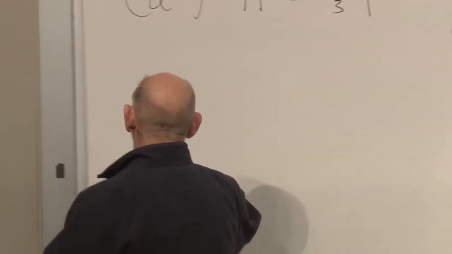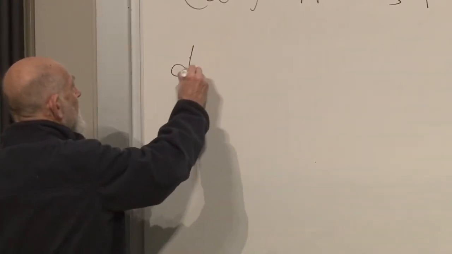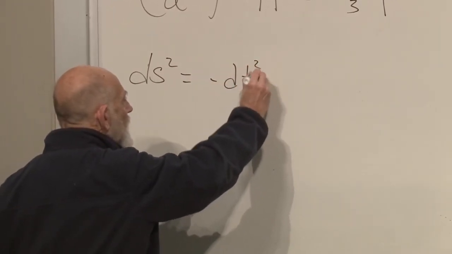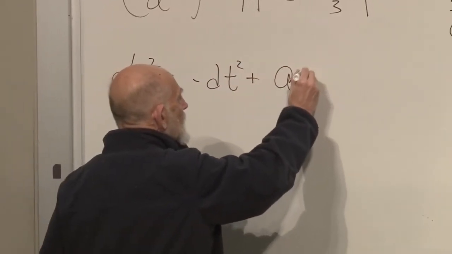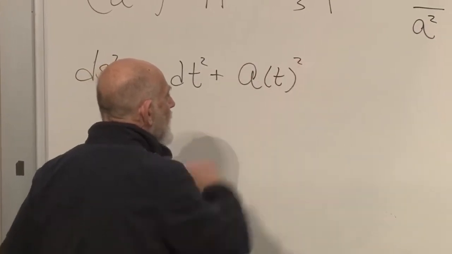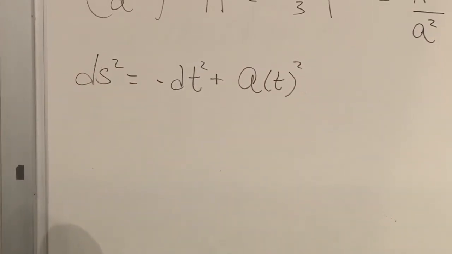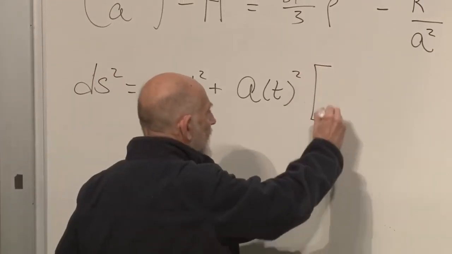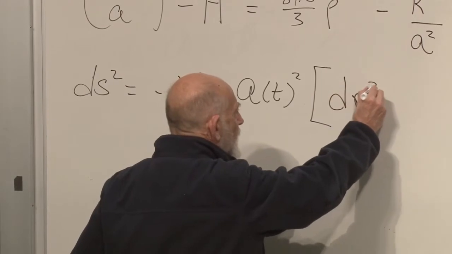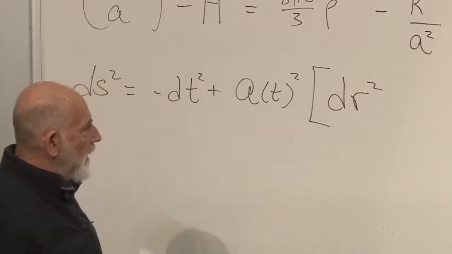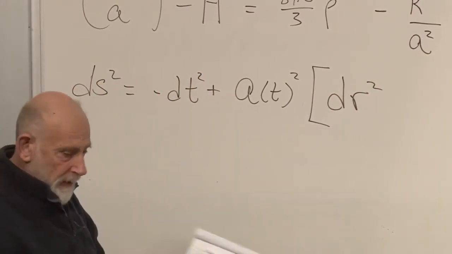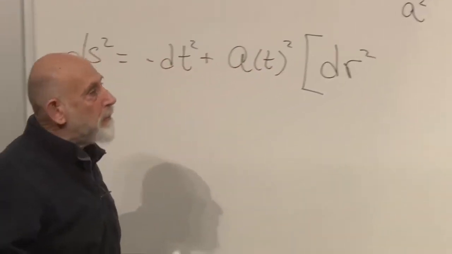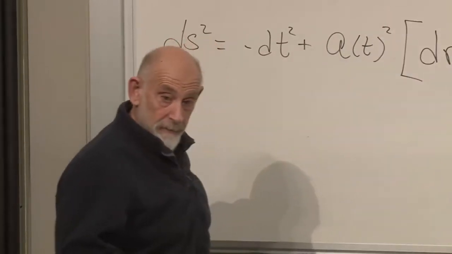The connection between A and the metric is that the metric, ds squared, is equal to minus dt squared plus the radius at time t squared, times a bracket, dr squared, and then what goes in addition? An angular piece. And the angular piece is one of 3 possibilities, depending on k.